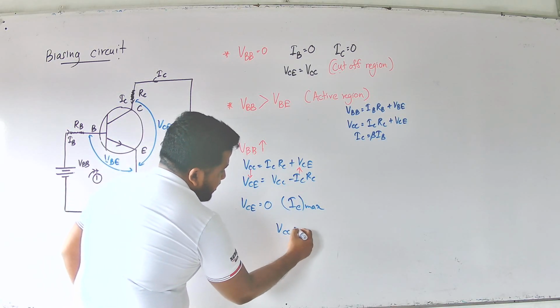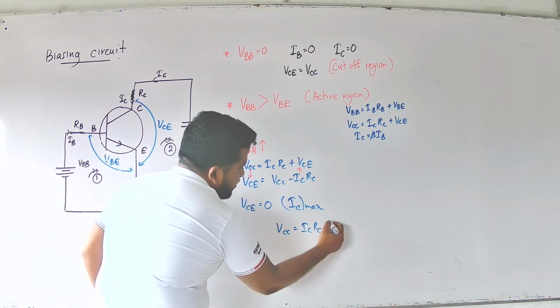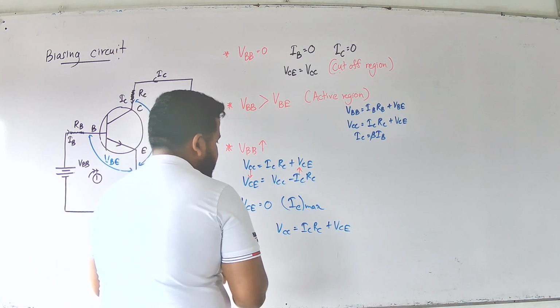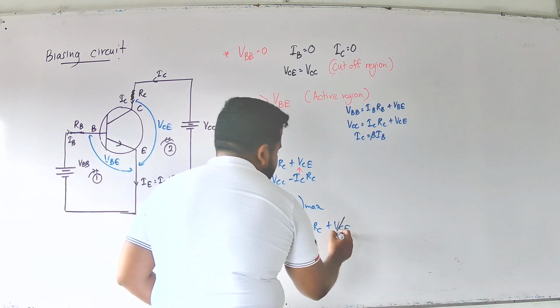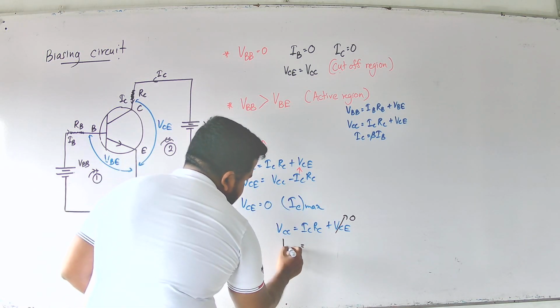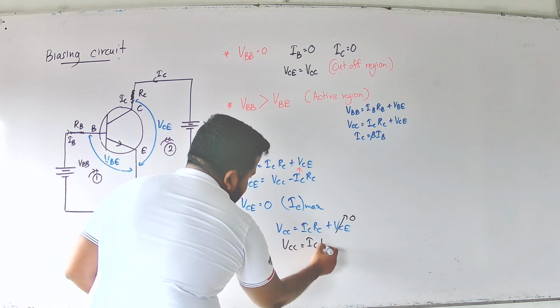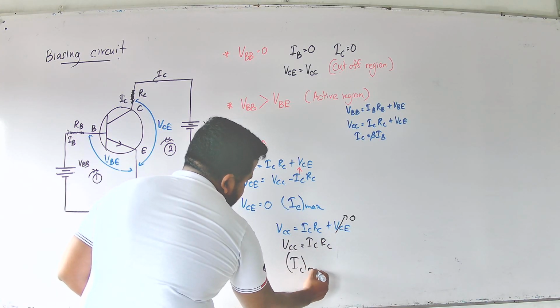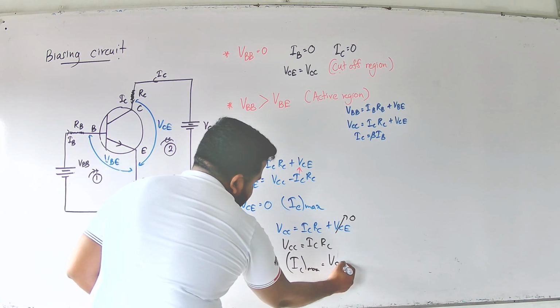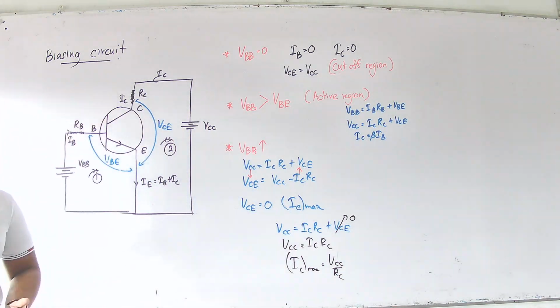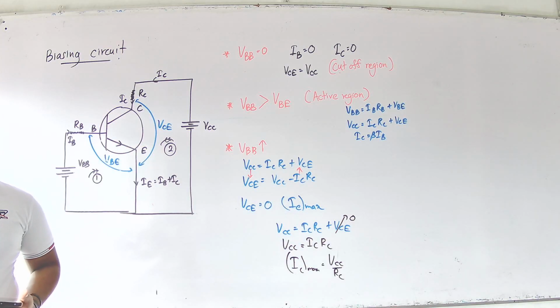VCC equals IC RC plus VCE; when VCE is 0, VCC equals IC RC, so IC max is VCC over RC. Right, so this is the way. Okay, write down.